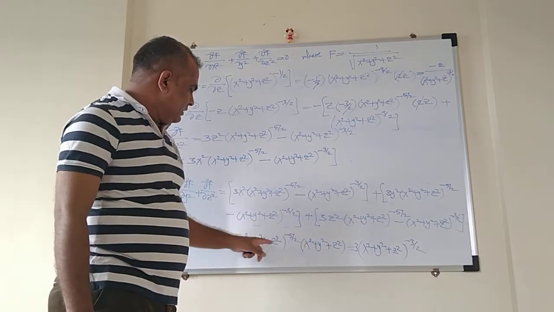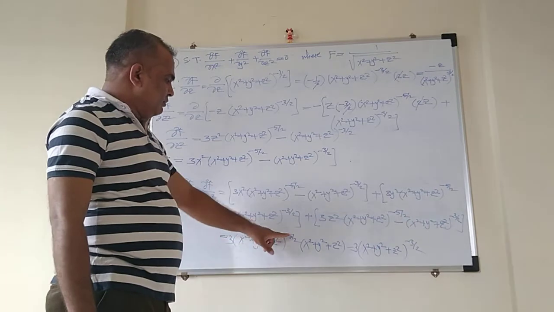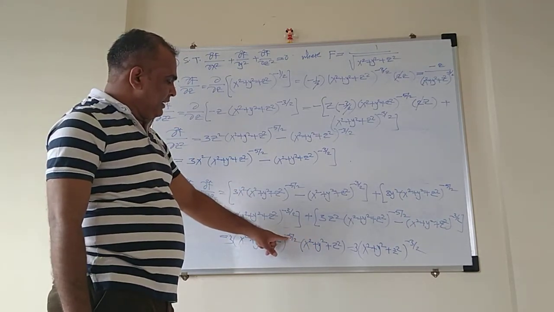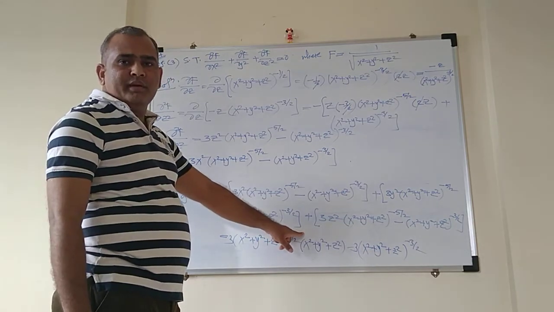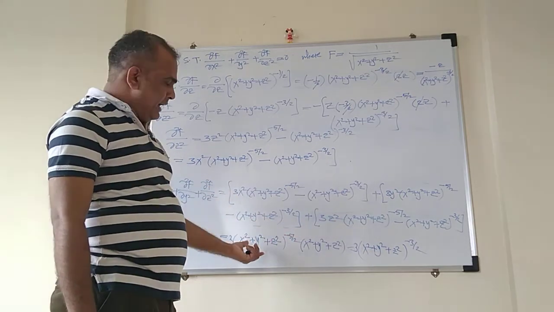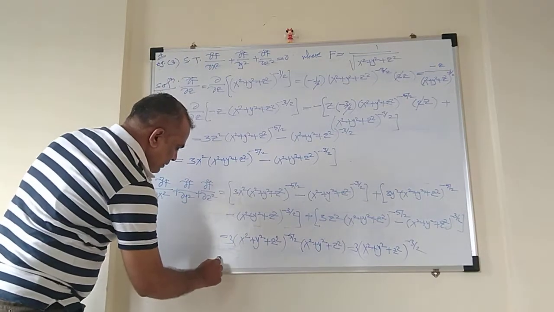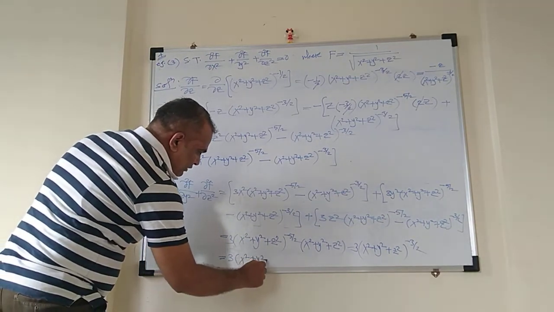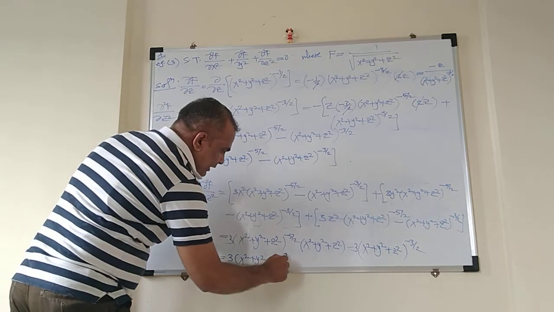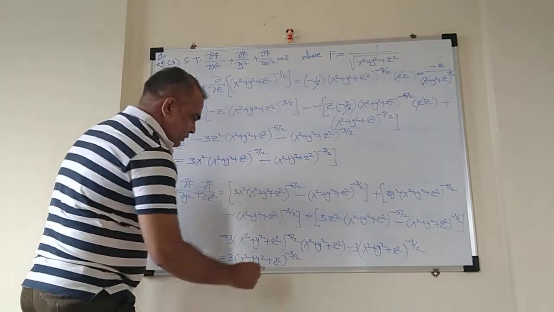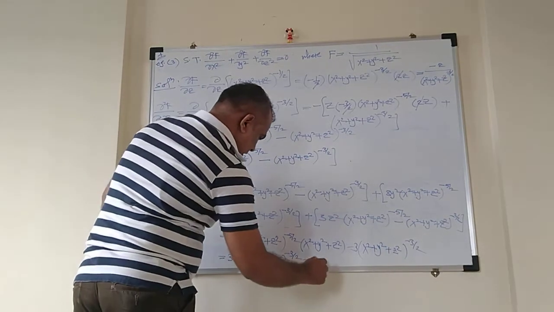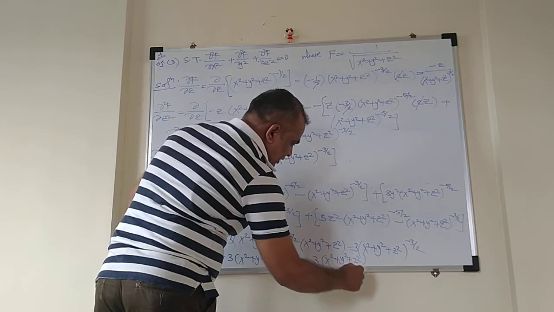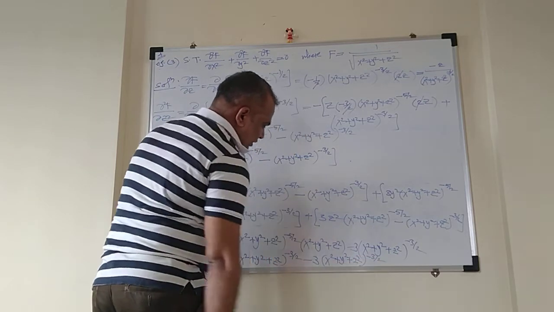I can write this is equal to x raised to minus 5 by 2, x raised to 1 will be equal to x raised to minus 5 by 2 plus 1, which will be equal to bracket raised to power minus 3 by 2. So this will be equal to 3 times (x square plus y square plus z square) raised to power minus 3 by 2 minus 3 times (x square plus y square plus z square) raised to power minus 3 by 2.